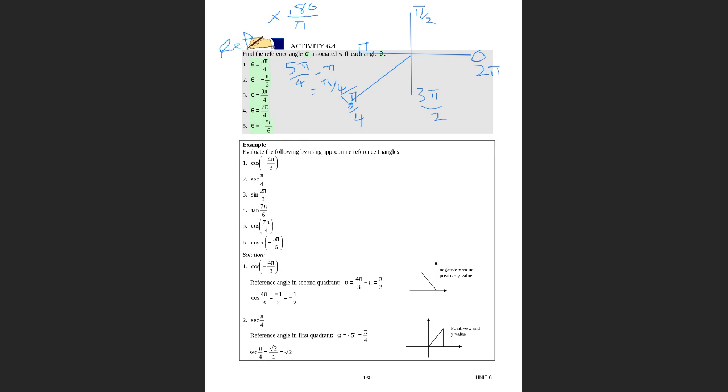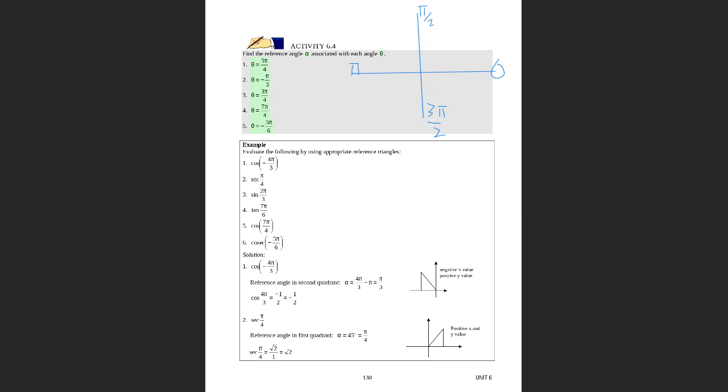Now let's look at number 2. Let us remember that there will be 0, pi over 2, pi, 3 pi over 2, and 2 pi.